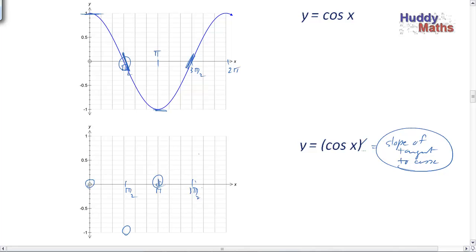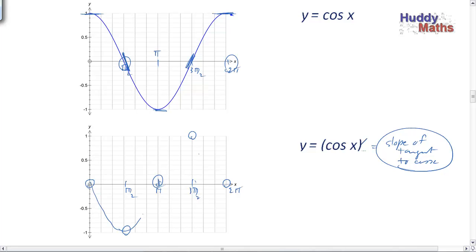And this is only approximate, so it doesn't really matter. We're just trying to get an inkling of what's going on. And then at 2 pi, which is here, what's the slope? It's a turning point, so the slope is 0, or the tangent's parallel to the x-axis.